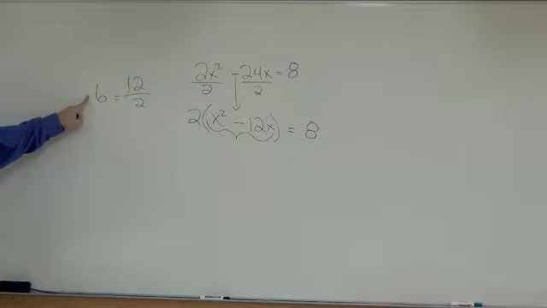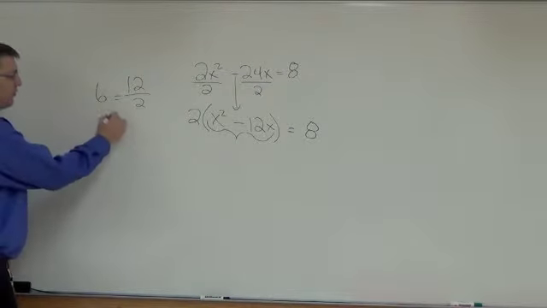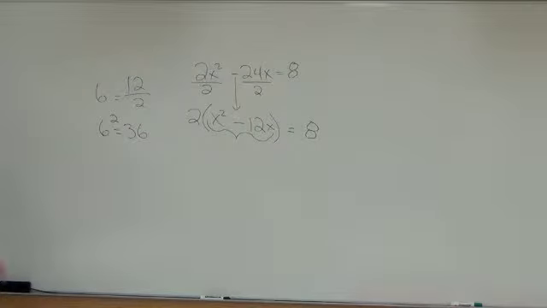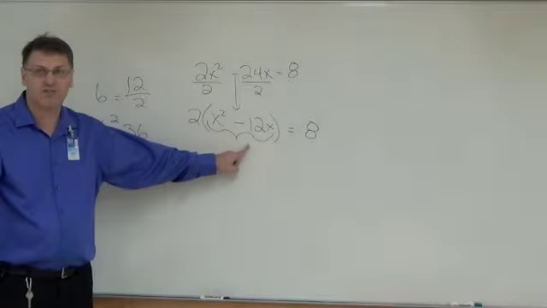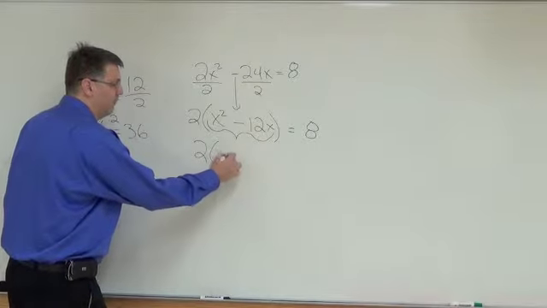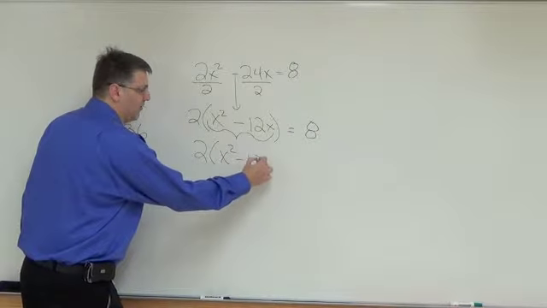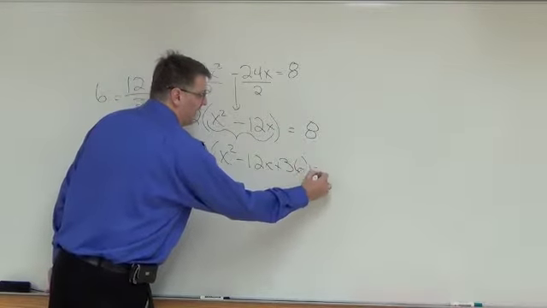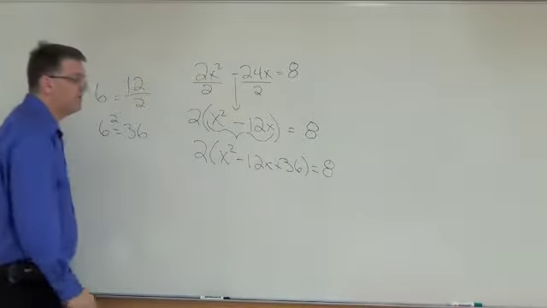We're going to take 6, we're going to square it. That is 36. We need to add 36 to both sides of the equation, but this is parentheses, so we want to add the 36 inside the parentheses. So we bring our 2 down. 2 times x squared minus 12x plus 36 equals 8.